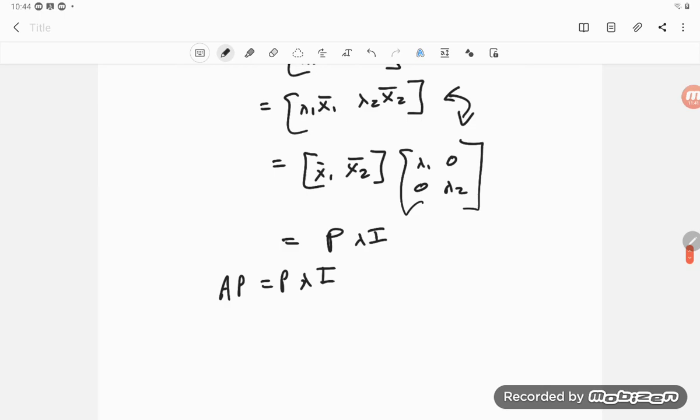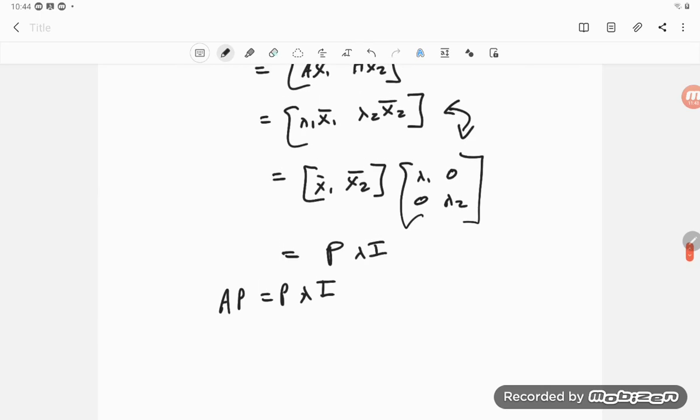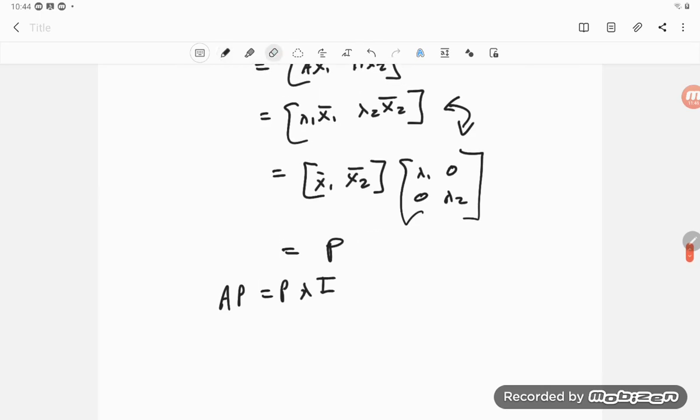So now I have AP equals P times lambda I. Whoops, now I can't really write it as lambda I, can I? Because they're distinct eigenvalues, so I really do have to keep my lambda 1, 0, 0, lambda 2, or just name it a matrix like big lambda or something like that. Or I could name it D for diagonal. So there we go.